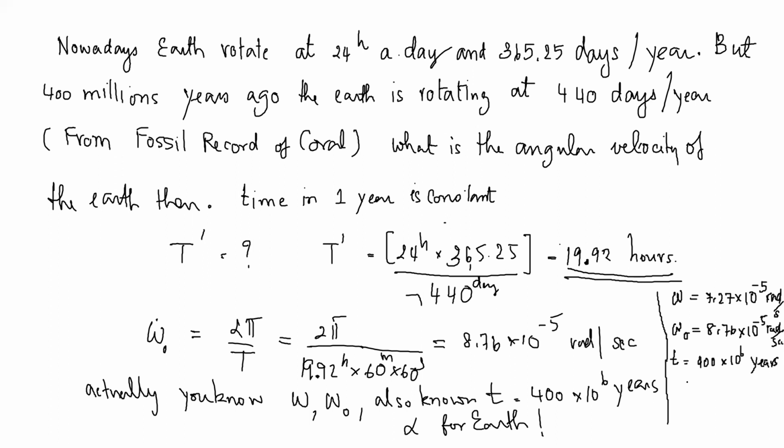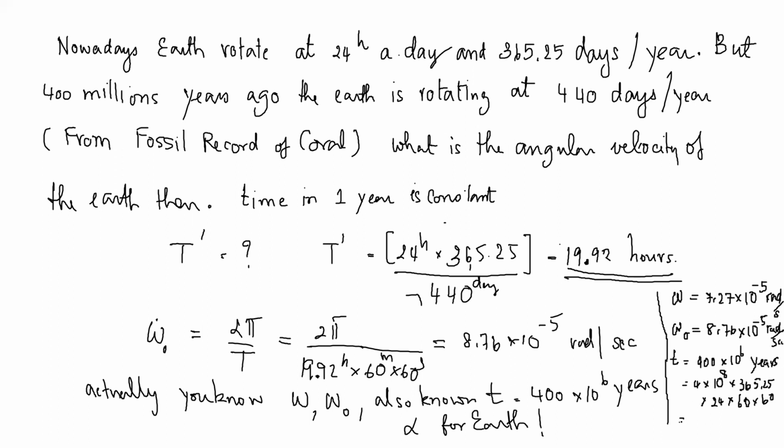So you have to convert it into seconds. So it's 400 times 10 to the 6 years times 365.25 to make days, and then times 24 hours, and then times 60 times 60.